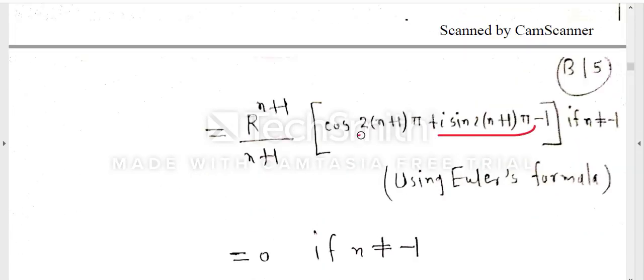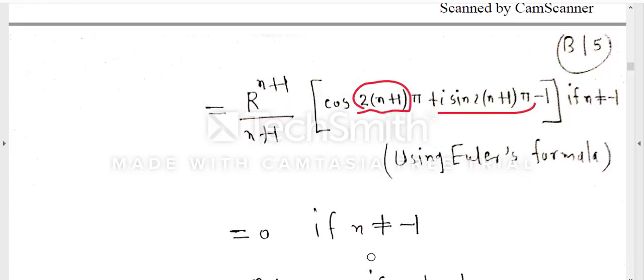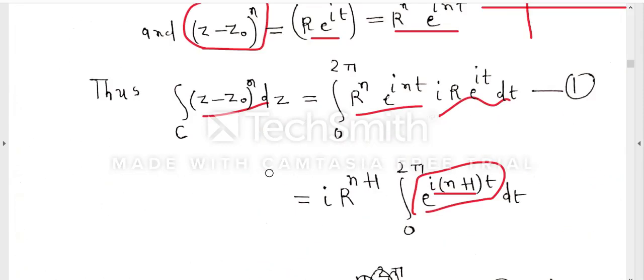Now we know that if we have even multiple of pi, then cos is 1 and sin n pi is 0. So this is 1 and we have negative 1 here, so it will become 0. So if n is different from minus 1, value of this contour integral is 0.